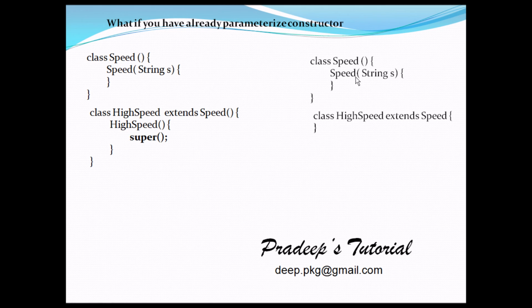And as we have a parameterized constructor already present, the compiler will not create a default constructor for you. So this will also give a compilation error. And what error will it give? It will give cannot resolve symbol constructor Speed. That is the default constructor. So it will give a compilation error anyhow.